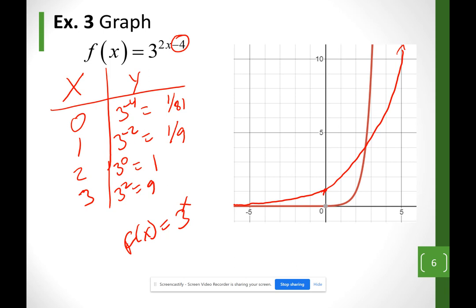If I factor out 2 from the exponent, I see 2 times x minus 2. So it got shifted to the right 2 spaces. And like I said, it just increases at a faster rate.